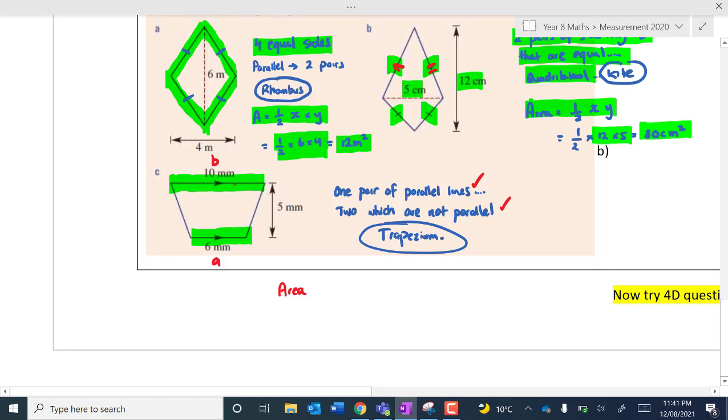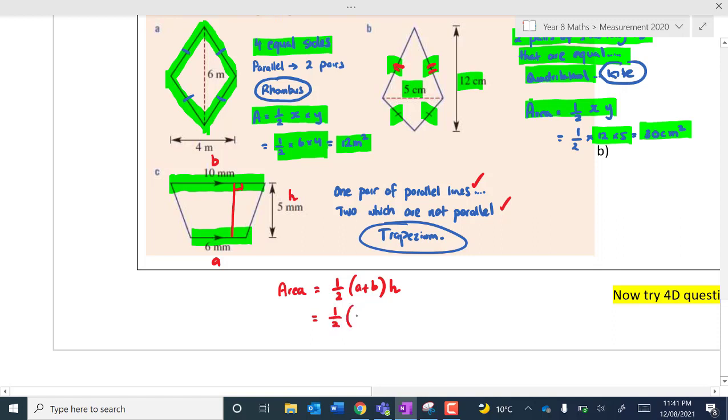We're looking for the perpendicular height though, which is also provided. So the area is equal to a half the sum of the parallel sides times the height. Okay, so let's write out the formula. We know what A, B, and H are, and now let's go apply that across.